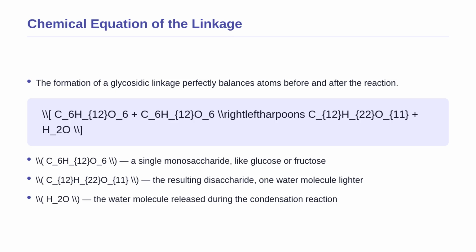When they react, they do not simply add all their atoms together perfectly. Instead, the formation requires the removal of two hydrogen atoms and one oxygen atom, which combine to form the water molecule, H2O, seen on the right. The resulting disaccharide is C12H22O11, showing that it is exactly one water molecule lighter than the sum of its two parts.